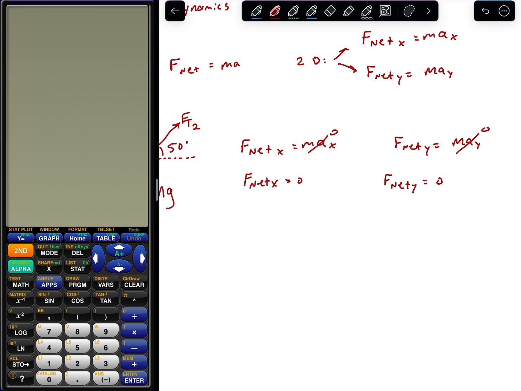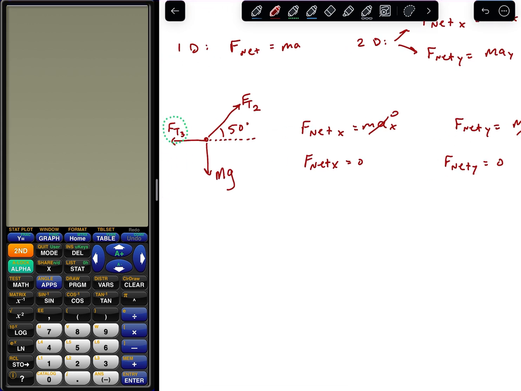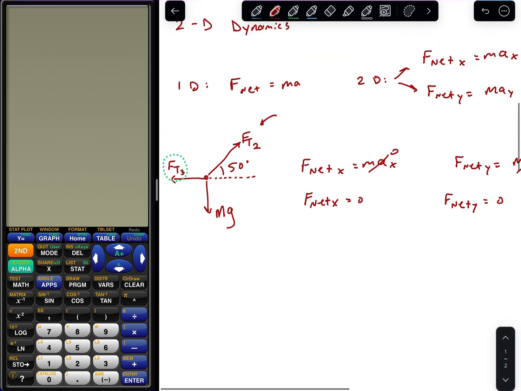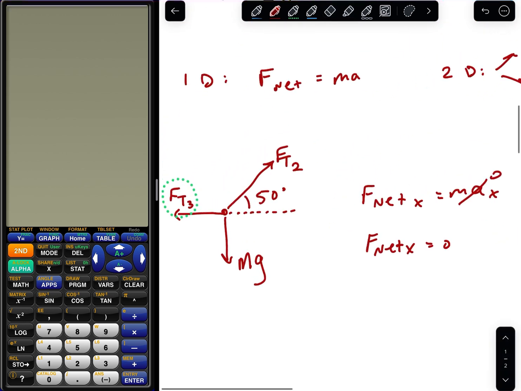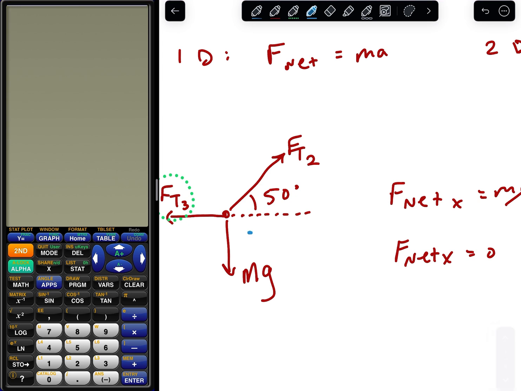Okay, now let's break these up into what they truly are. I see one force that is very clearly just in the x direction. That is the force of tension 3, our unknown force. And I see a force that's in the y direction, mg, the mass of the block times the acceleration due to gravity. However, this force of tension 2 up here is a little bit tricky because it's neither in the x nor in the y. So, just like in our projectiles unit, we're going to split this up into its components.